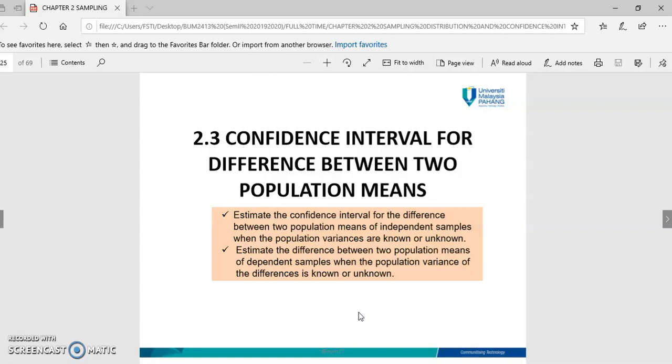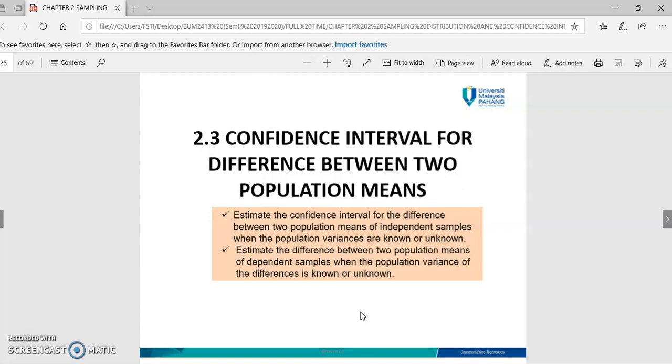So 2.3, we have two population means. For the two population means we have two objectives.